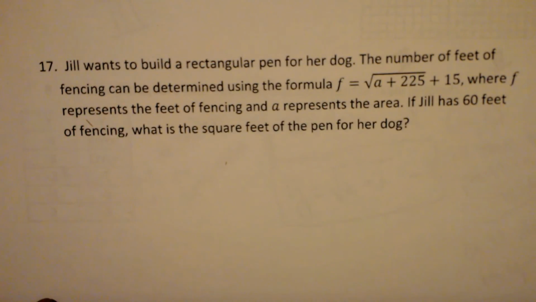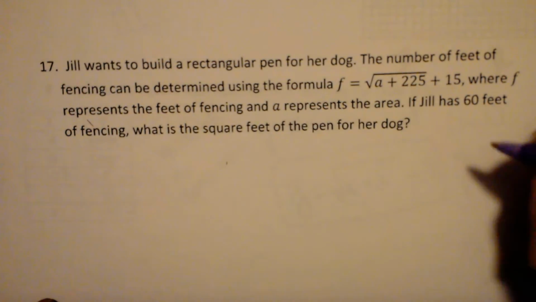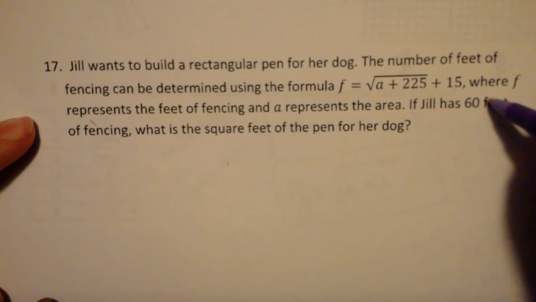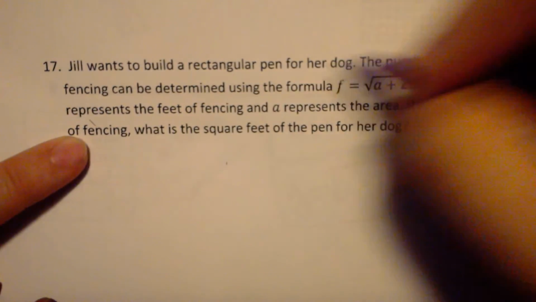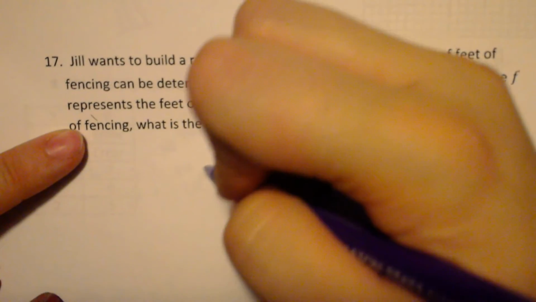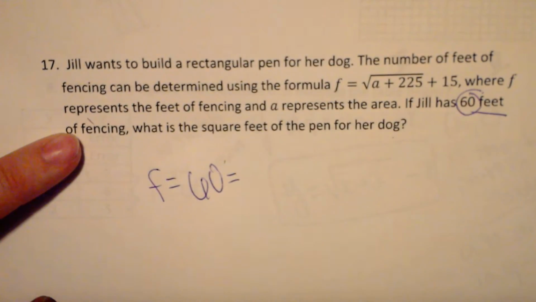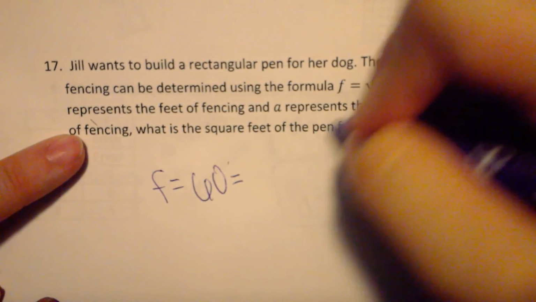Okay, 17 gives you an equation about fencing, no one cares. And it says 60 feet of fencing. F is fencing, so we know F equals 60. And F equals that equation.